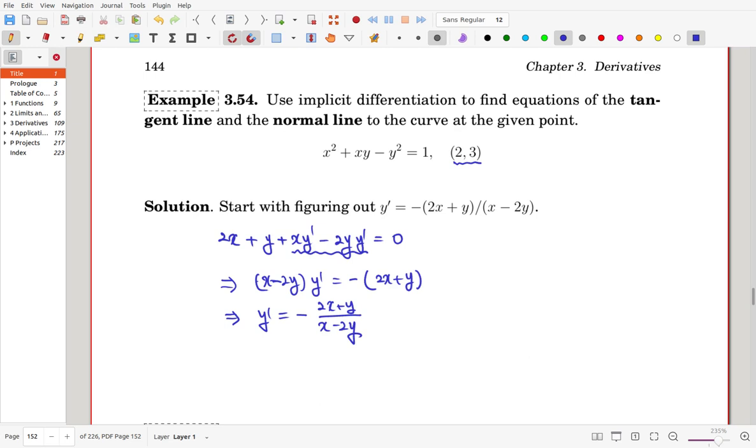Okay, now that is the slope, and it involves an x value and a y value.